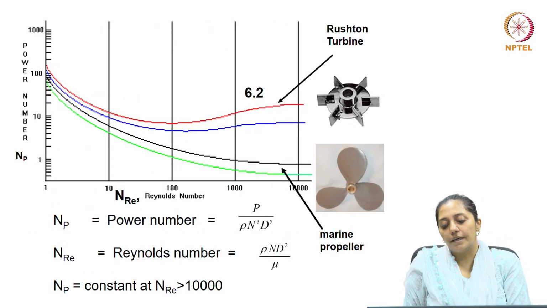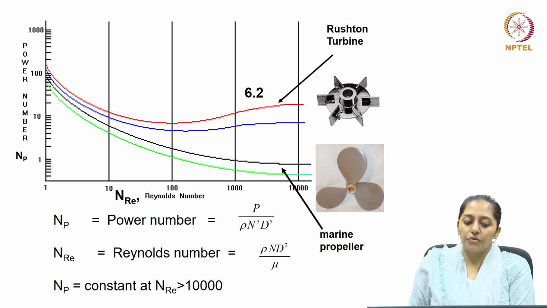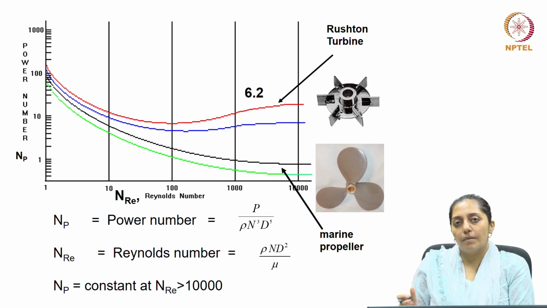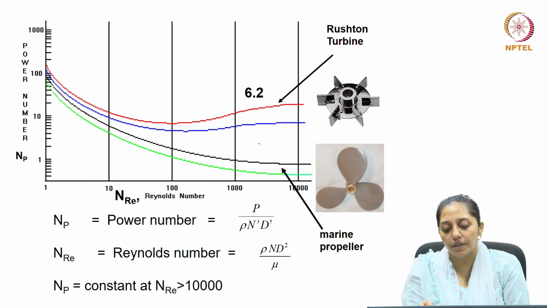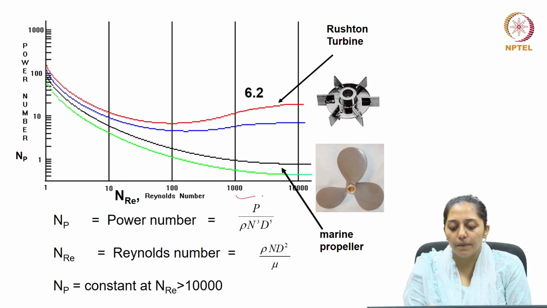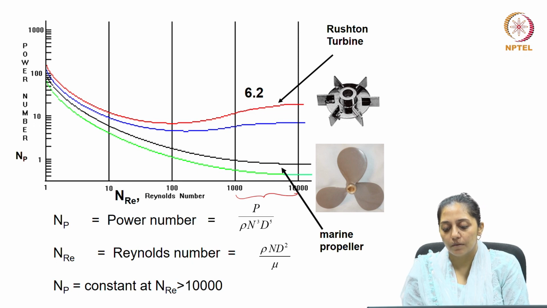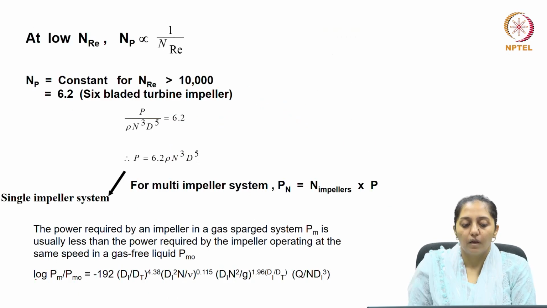For different kinds of impellers, if a correlation is drawn of how the power number changes with the change in the Reynolds number, as shown here in a plot, you can observe the different profiles. In most of these cases, in the turbulent region where the Reynolds number is beyond 1000 or 10,000, the power number is found to become constant. At lower Reynolds number, the power number is said to be inversely proportional to the Reynolds number.